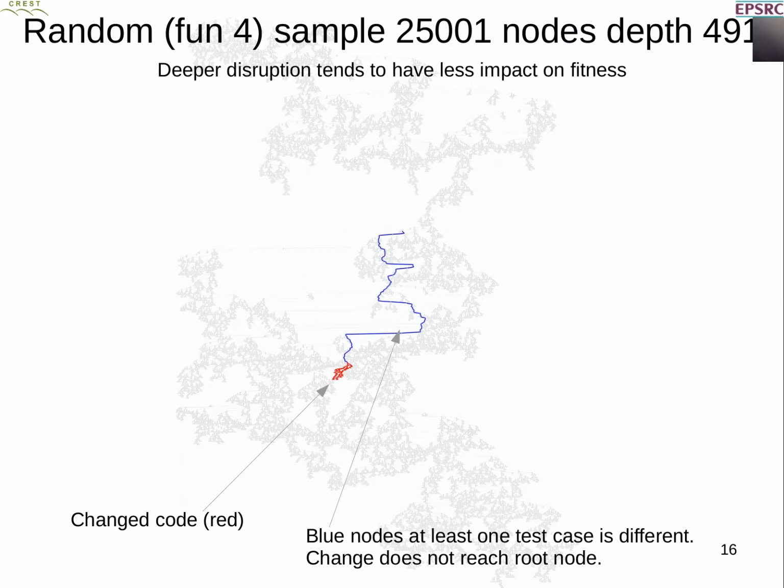But you can see in this example, although there's quite a long chain of nodes between the crossover point and the root node, eventually we get to the point where there is no difference. And at that point, we know the mutant and the parent must have exactly the same fitness.